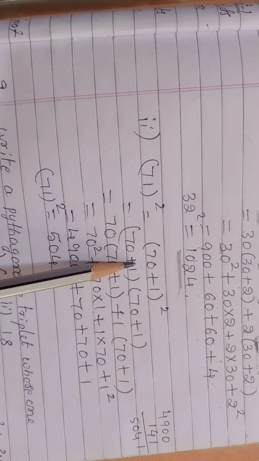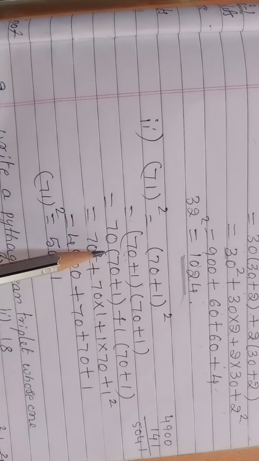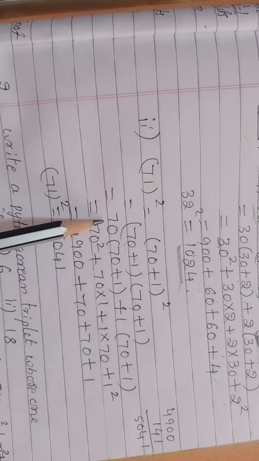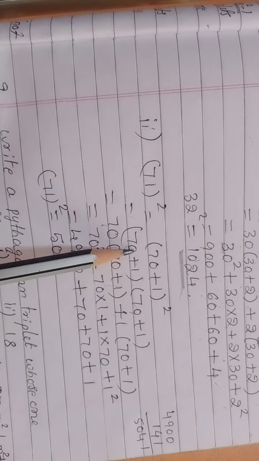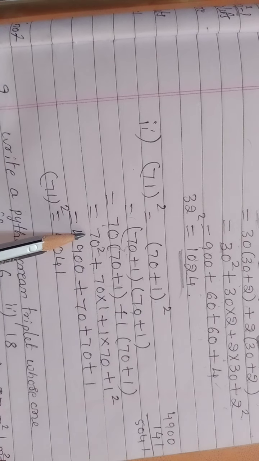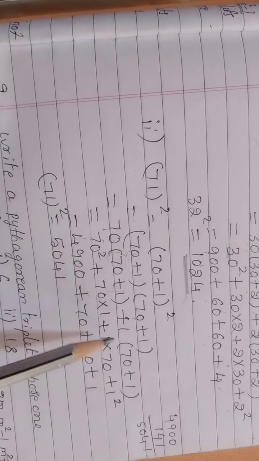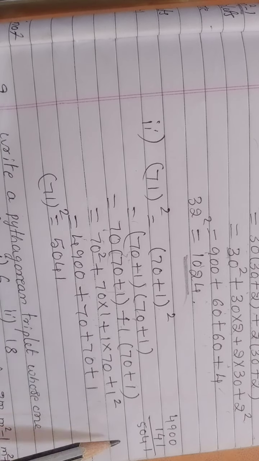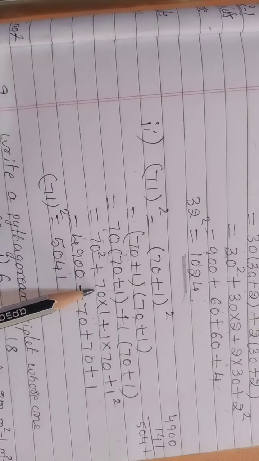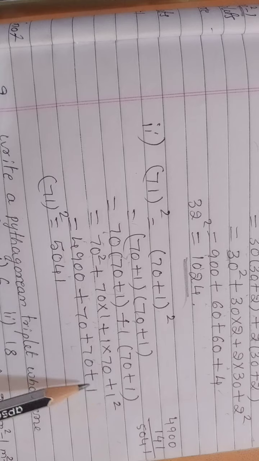So one more number I have taken, 71 square. How to split it? Yes, 70 plus 1 whole square. Again 2 parts: 70 plus 1 into 70 plus 1. Again 70 as it is, 70 plus 1, plus 1 into 70 plus 1. Multiply. 7 into 70, 70 square, 70 into 1, 1 into 70, 1 into 1, 1 square. 7 sevens are 49, 1 0 will become 2 0s. 70 into 1 is 70, 1 into 70 is 70, 1 square is 1.